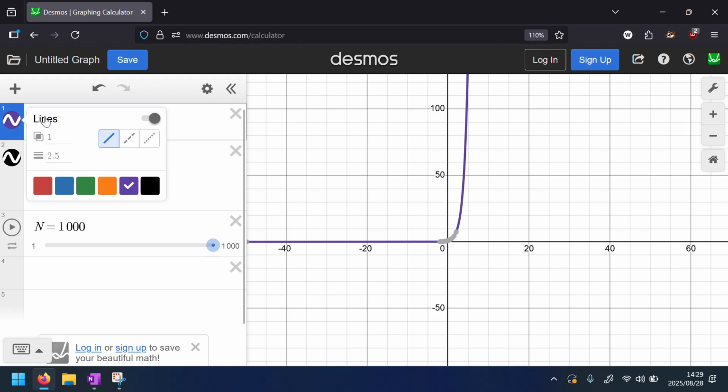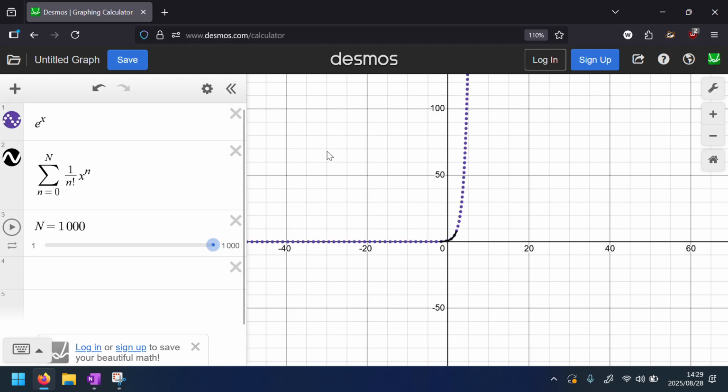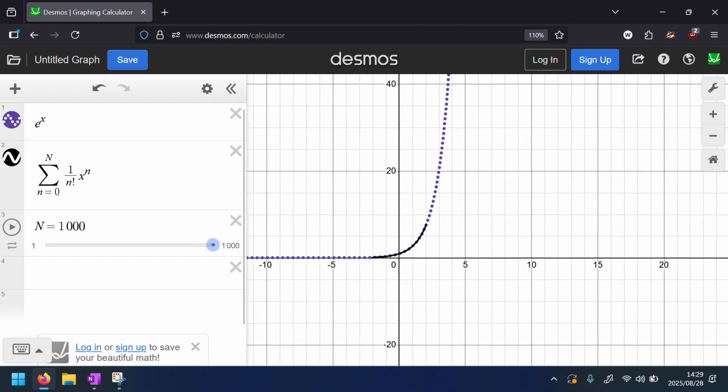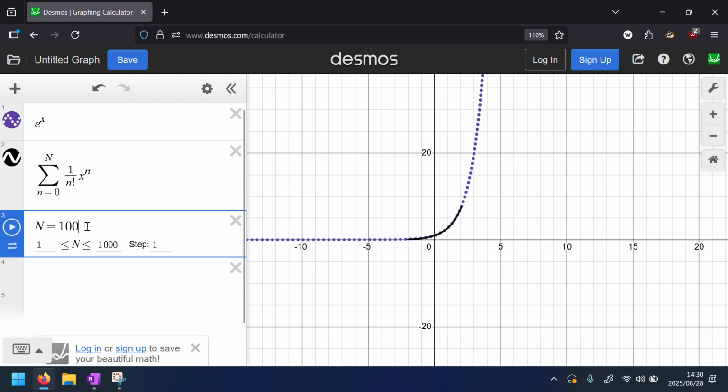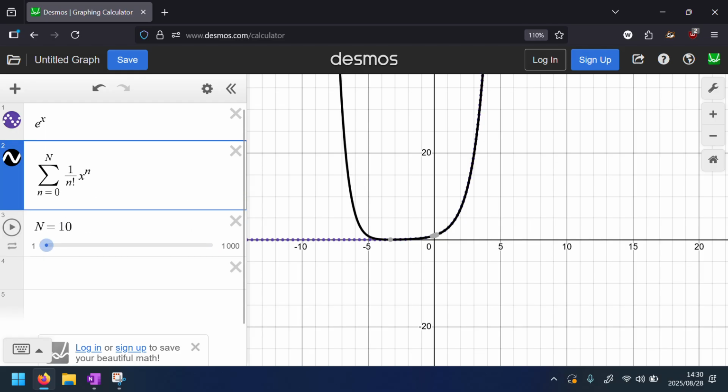Let's put the dots back. Okay, you can sort of see it there. But then there's more of the overlap. Okay, so as you increase this capital N, the overlap goes across the whole graph. So you can try it out here for different values, and you'll see.